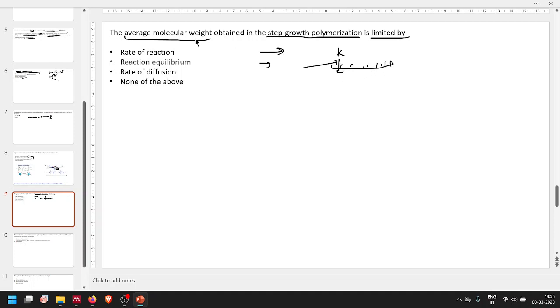So that's why average molecular weight is drastically dependent upon the reaction equilibrium. Then rate of diffusion as such does not have much role to play in determining the average molecular weight obtained through step growth polymerization. So the correct answer would be reaction equilibrium.